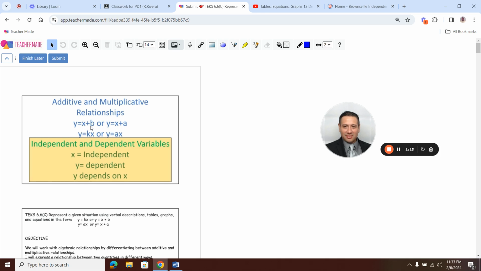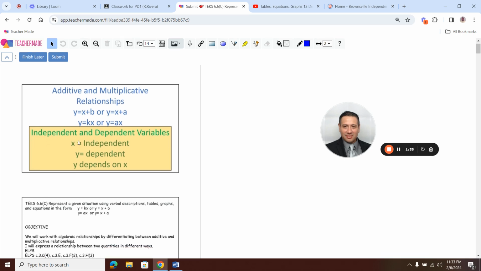But we're still working with additive multiple relationships. Y equals x plus b or y equals x plus a, same thing. Y equals kx, a letter next to a number means multiply, and y equals ax. The k basically is the number, guys. Whatever number you're multiplying by, the a will be the number, which is your constant.